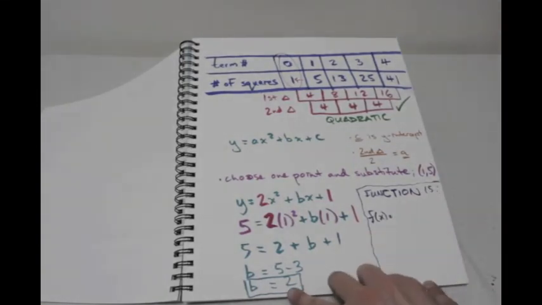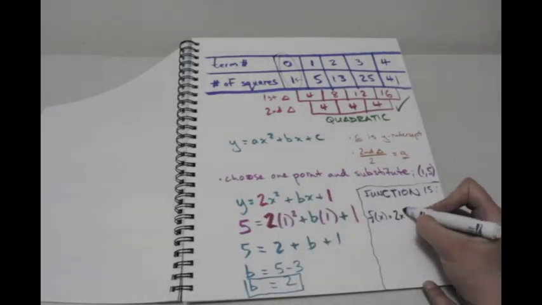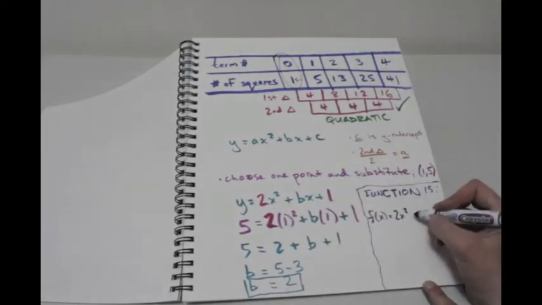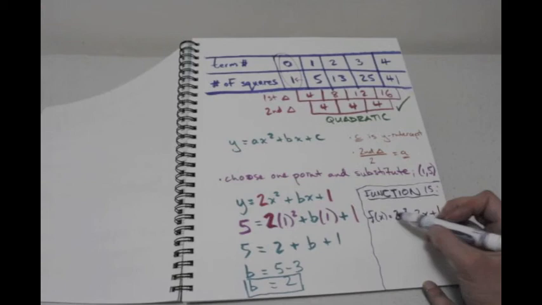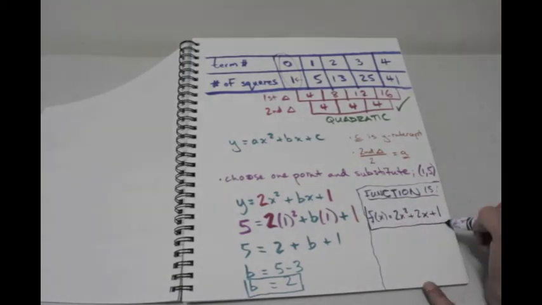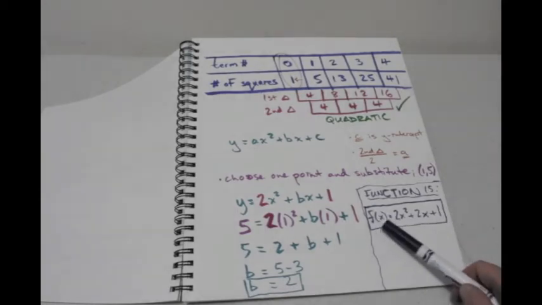We said b was 2, so now we have 2x squared plus 2x plus 1. There we go. And this will give us what recursion can't, in that we will substitute x equals 100 and find out what the output value is.